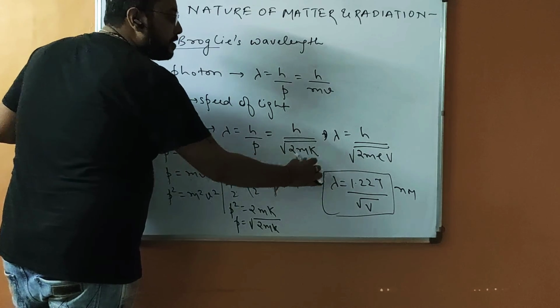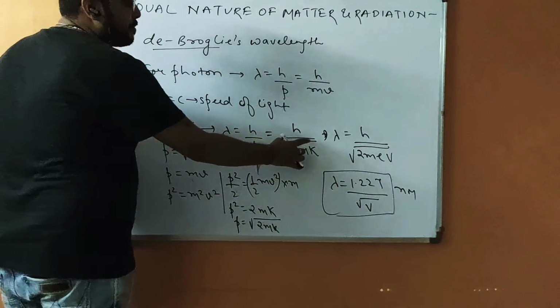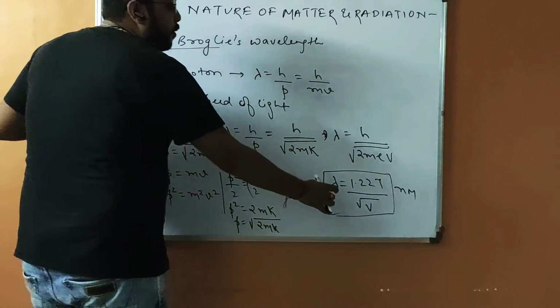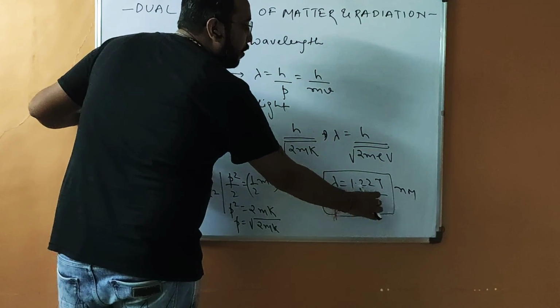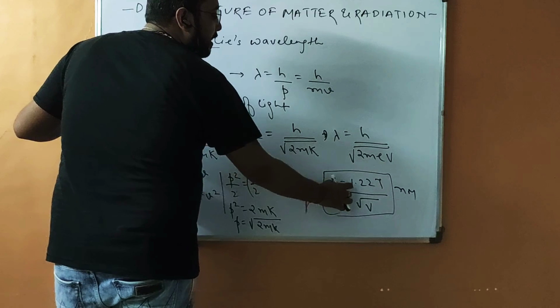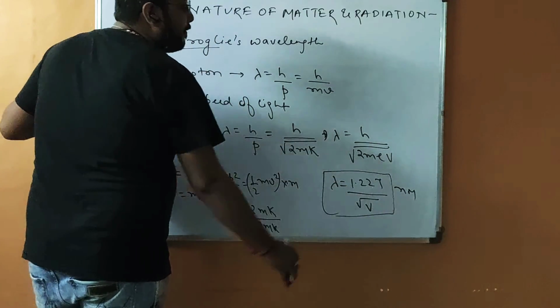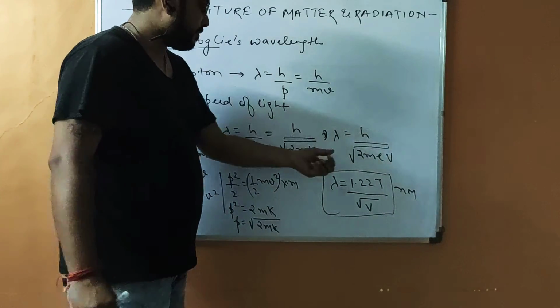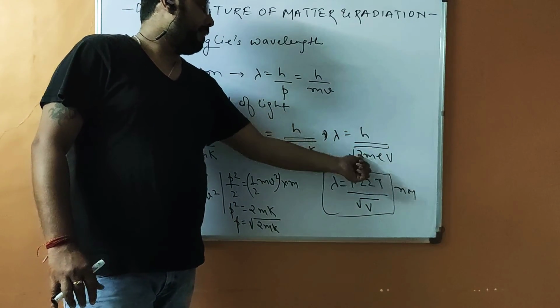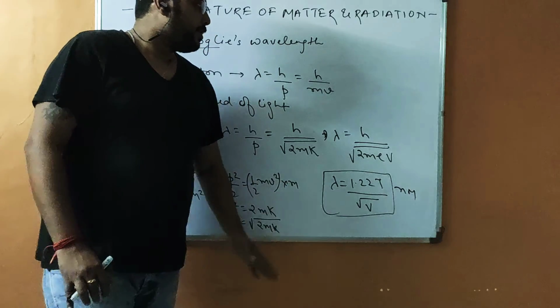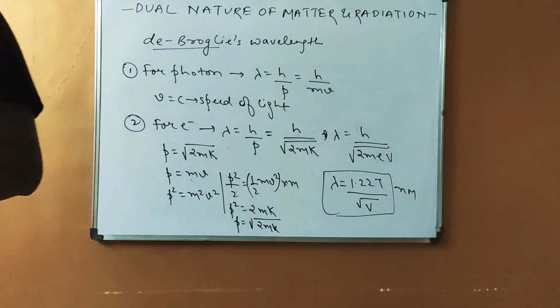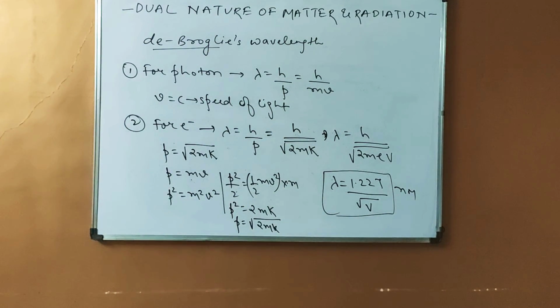If the kinetic energy is given, then lambda is equals to h by under root 2mk. If only the accelerating or decelerating potential has been given, then lambda is equals to, this is direct value, lambda equals to 1.227 upon root v nanometer. This value we have got by putting the value of constants. So have a look at it. Then we will solve numericals in the next session. This was de Broglie's hypothesis and de Broglie's wavelength.